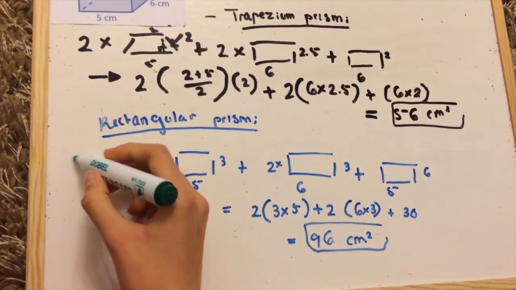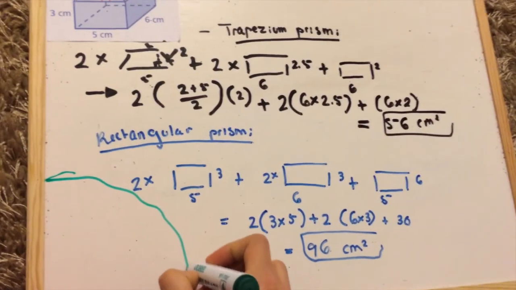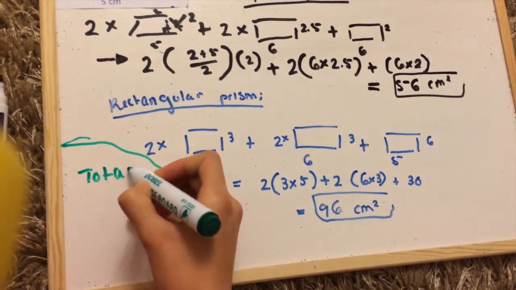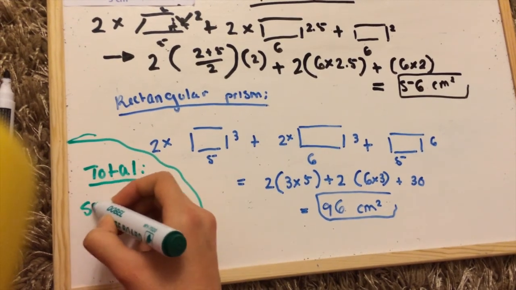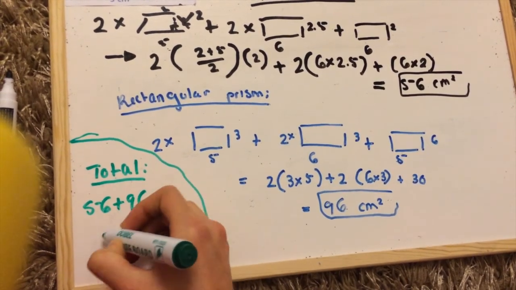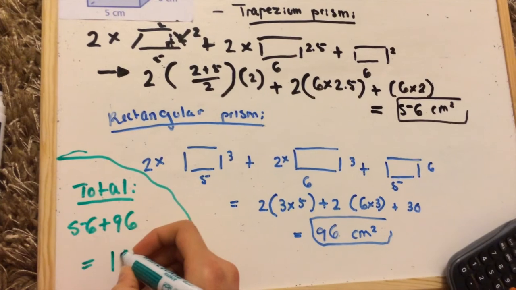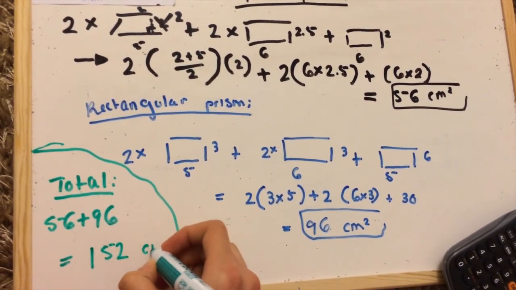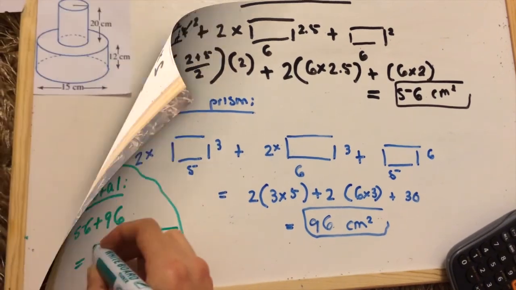And I'm going to write total, because this is the total surface area. So you add 56 to 96, and your answer is 152 centimeters squared.